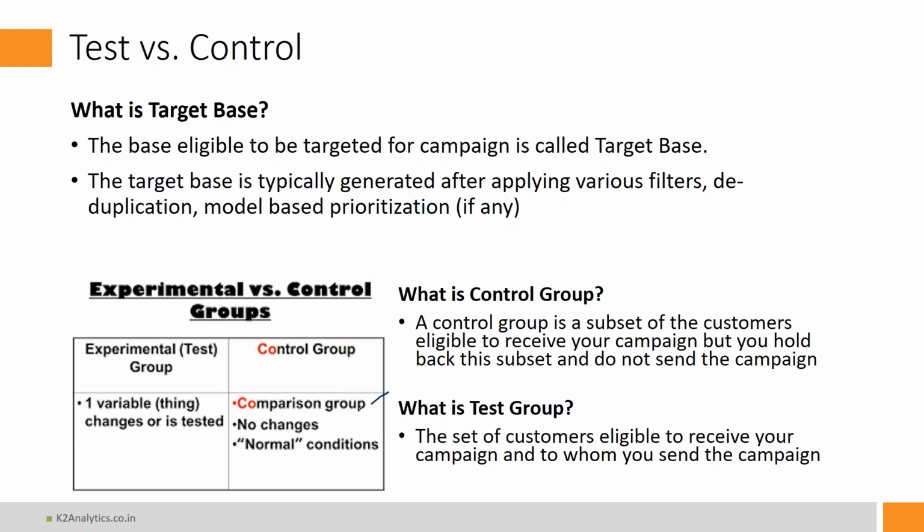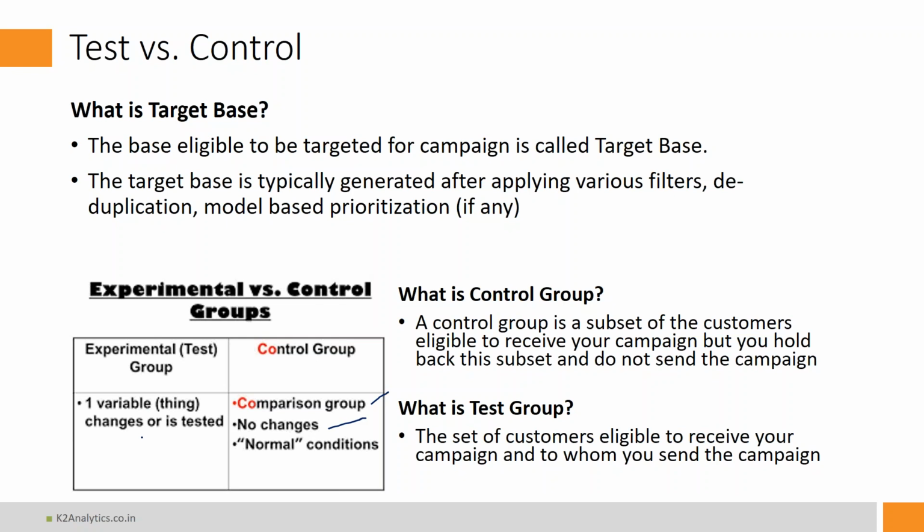This control group becomes a comparison, no changes, normal condition. The test group is basically where I am testing the model. One variable is tested, that is the model in this case.